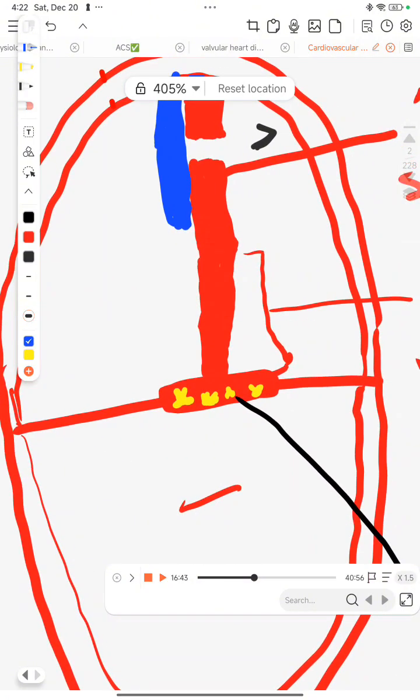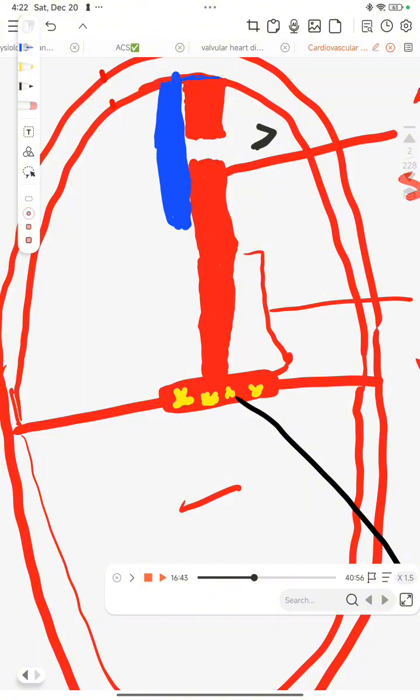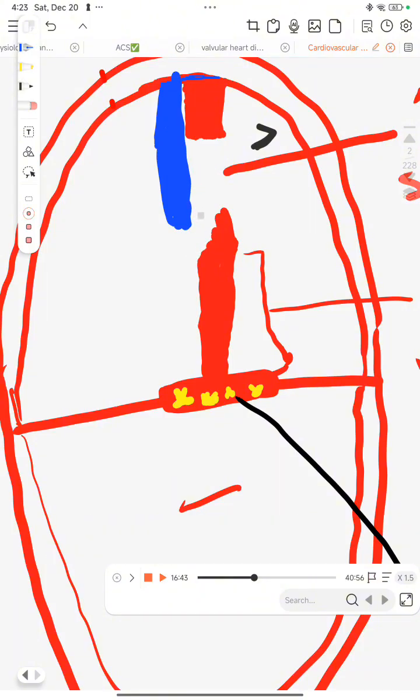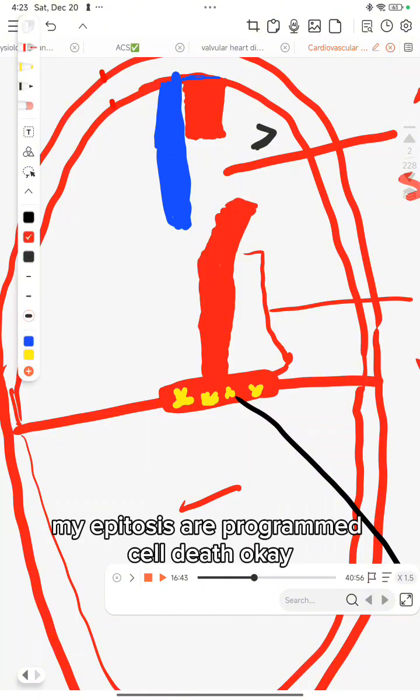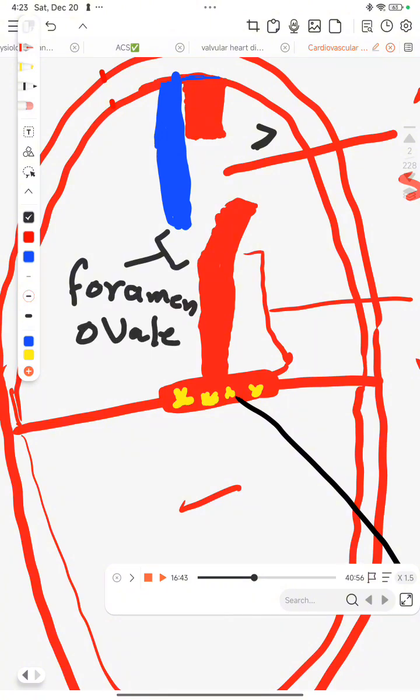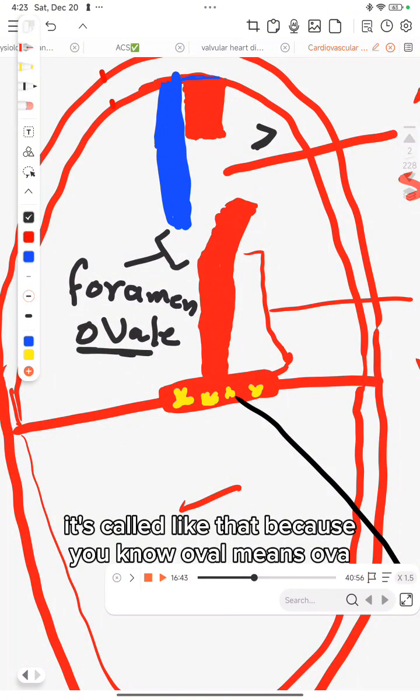Again, here a foramen will be formed by apoptosis, or programmed cell death. And this is called foramen ovale. It's called like that because oval means ova.